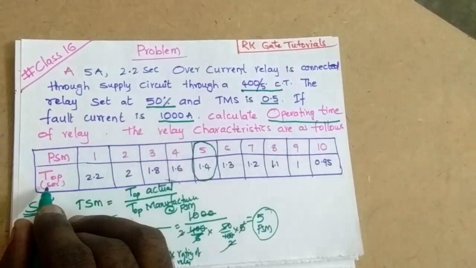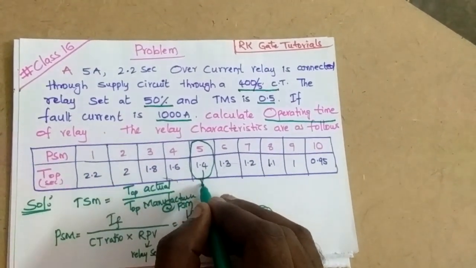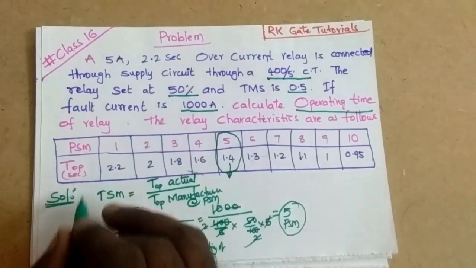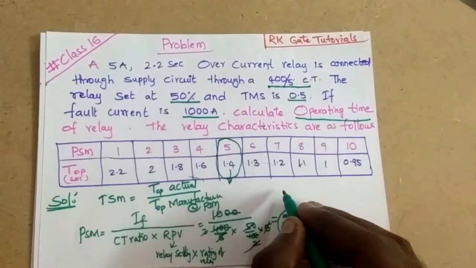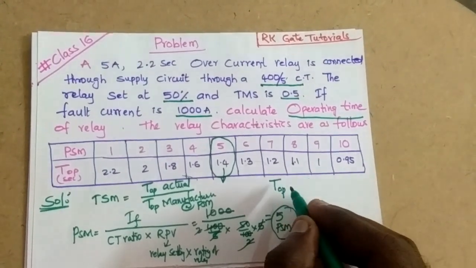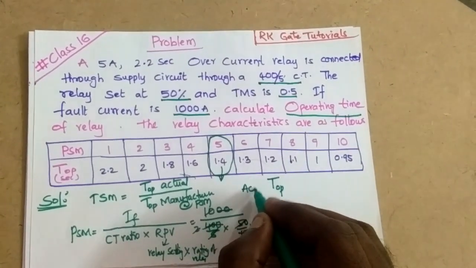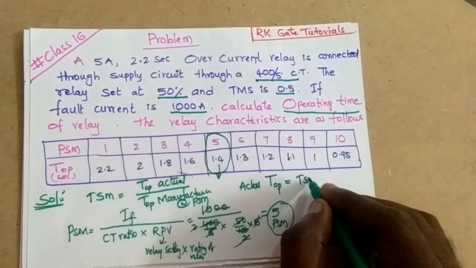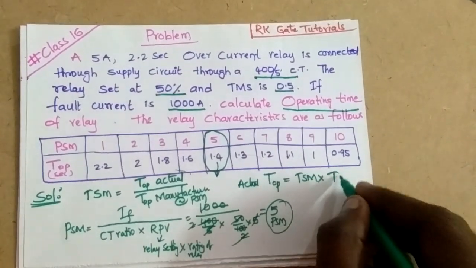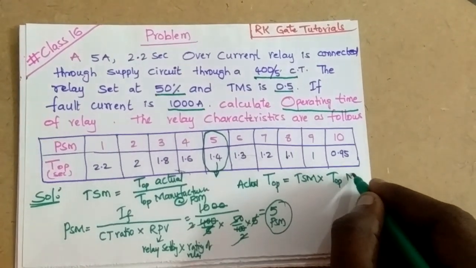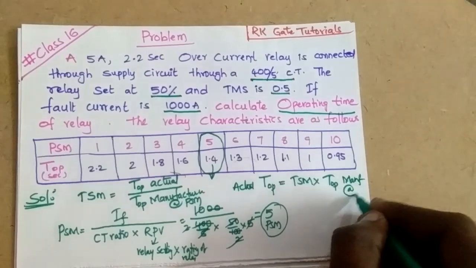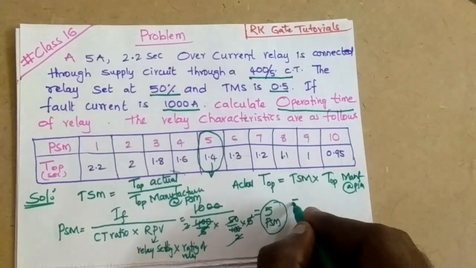So what is the time of operation specified by the manufacturer at that PSM? That is 1.4 seconds. So from here the actual time of operation can be TSM multiplied by the time of operation specified by the manufacturer at that PSM.